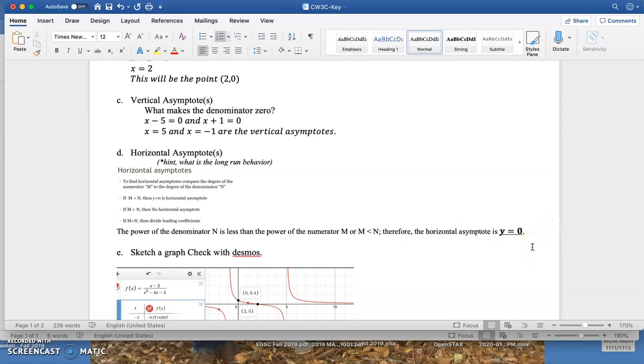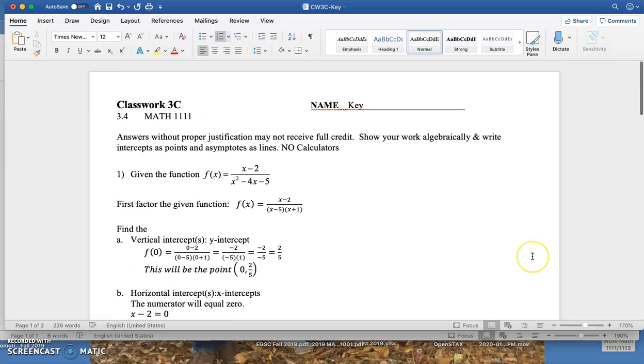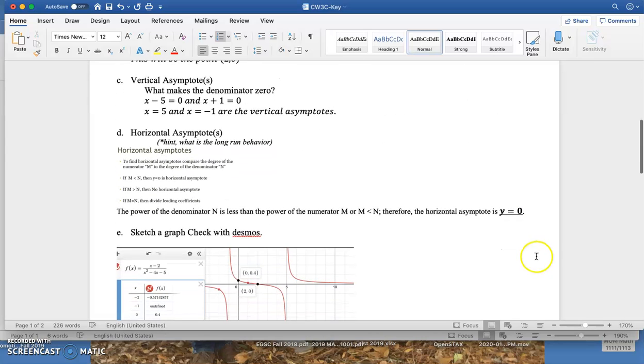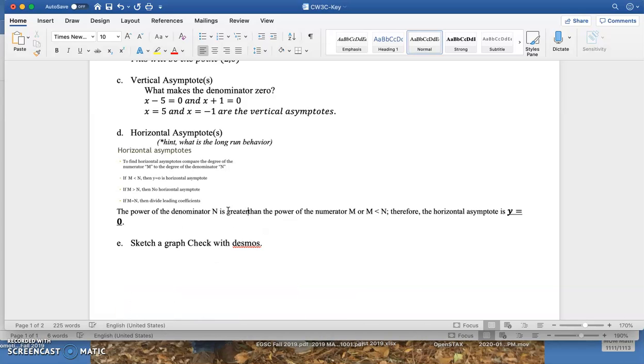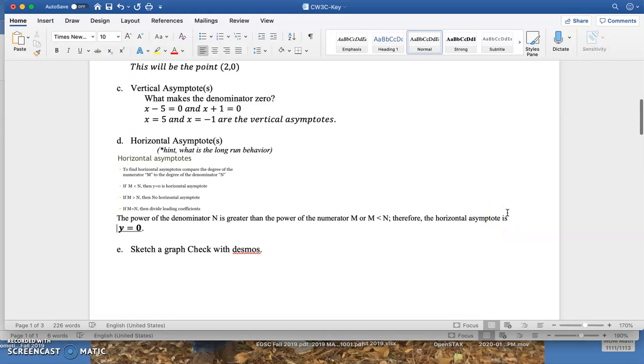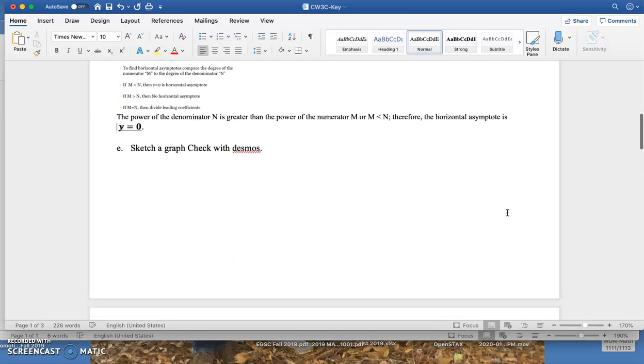So since the power of the denominator is greater than the power of the numerator, the horizontal asymptote is y equals 0.